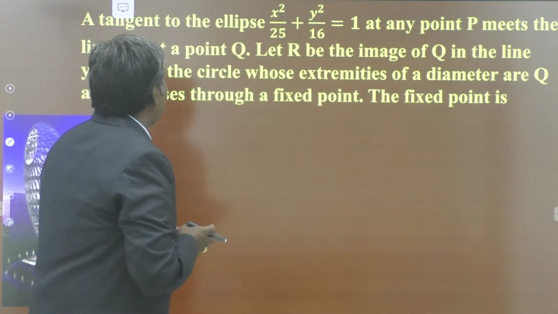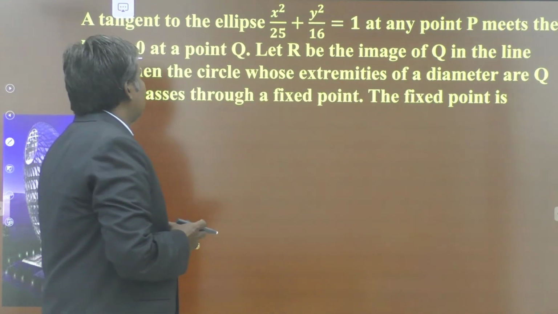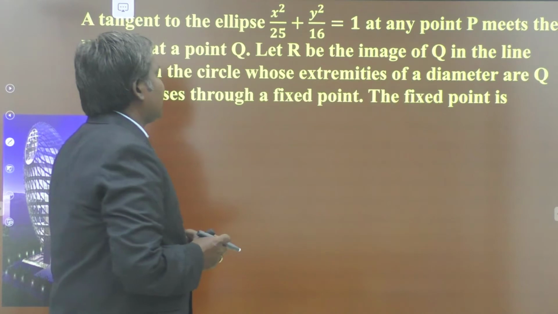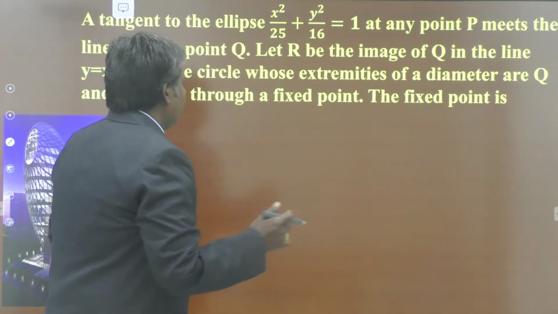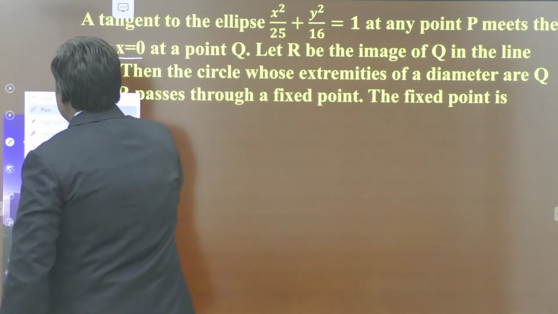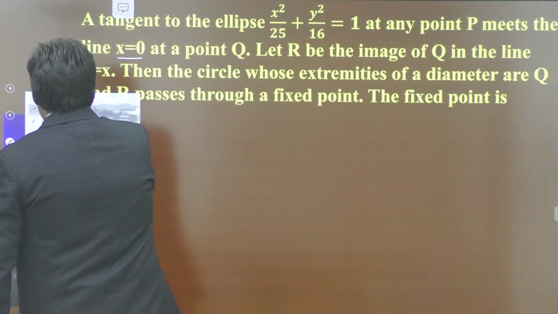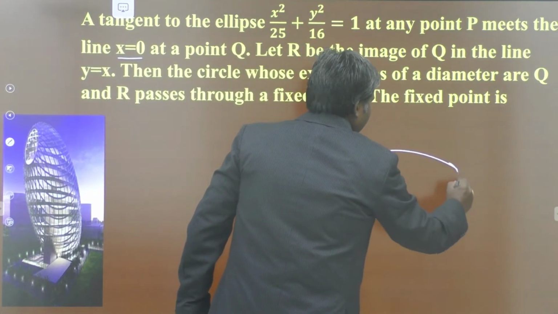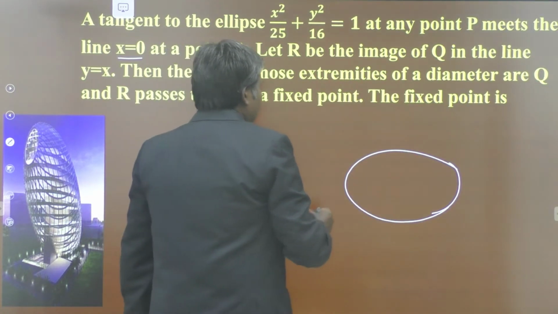It is a very simple problem, but with respect to reading it is a little bit long. A tangent to the ellipse at any point P meets the line x equal to 0 at point Q. We draw the figure by reading the question step by step. So this is the ellipse x square by 25 plus y square by 16 equal to 1.